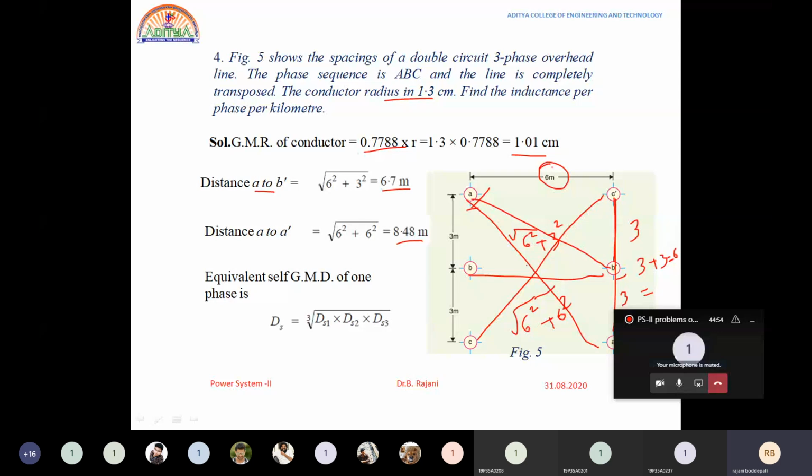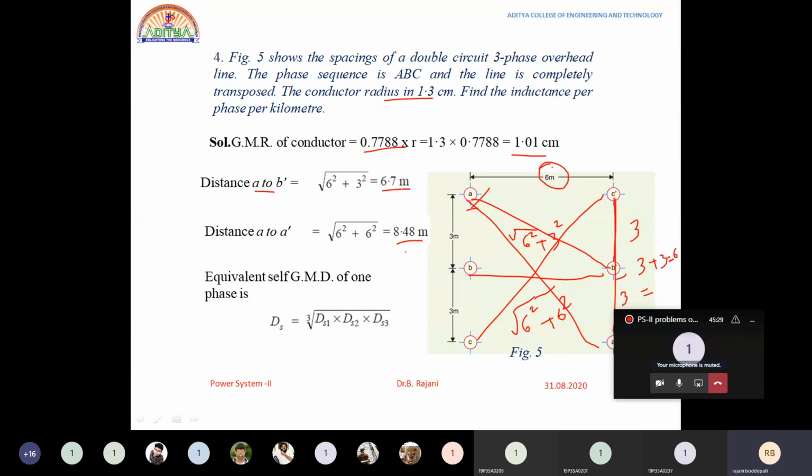Here A is present and A dash is present over here. If it is self, then the self-GMR of the conductor would be 0.7788 into R. If you want to find the distance from A to A dash, it now differs. You have to find the distance from this: root over 6 square plus 6 square gives you this value. Like this, you have to find it for each and every conductor, so that it will be easy for you to do the problem.